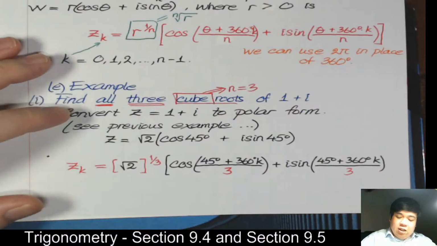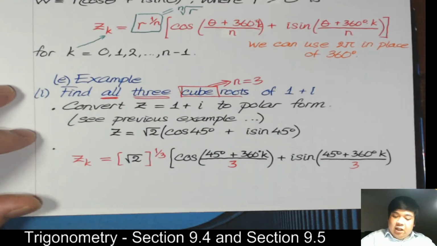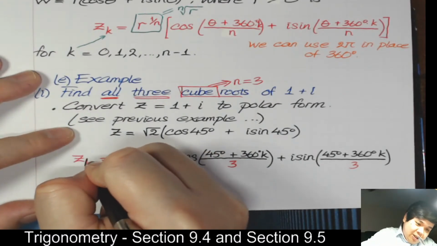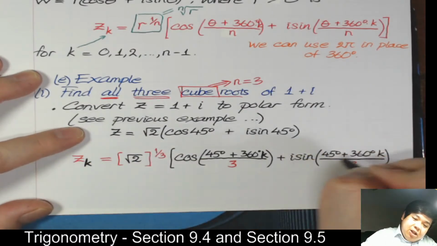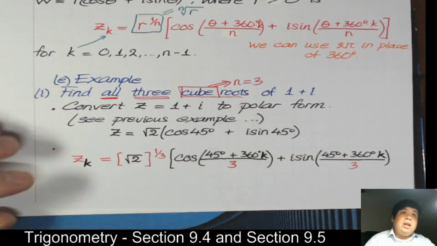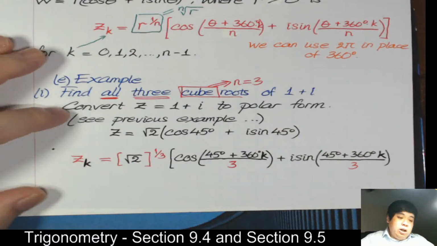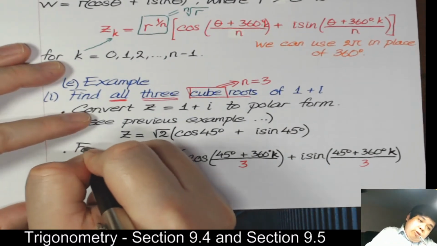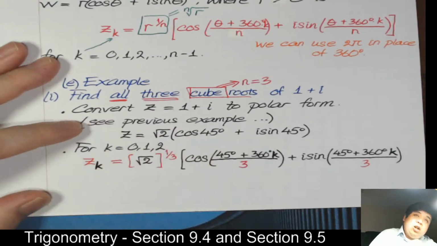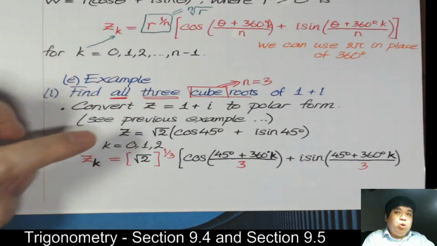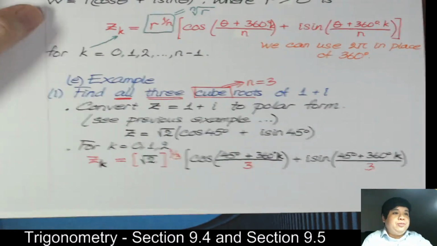Notice that this k is the same as this k, and k will take the values 0, 1, and 2. So there are 3 cube roots: 0, 1, 2.